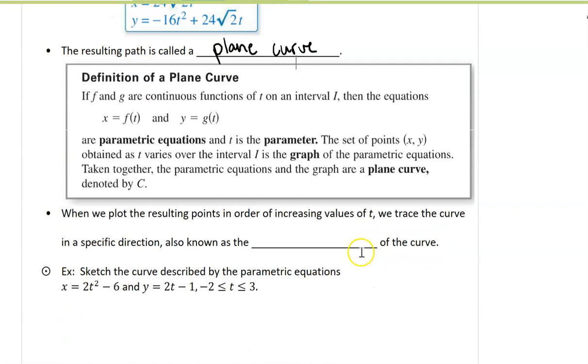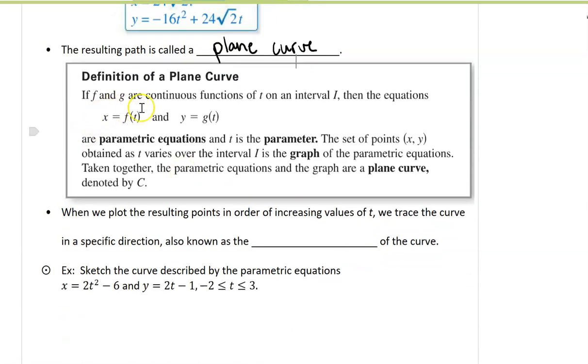So the definition of a plane curve says if f and g are continuous functions of t on an interval I, then the equations x equals f of t and y equals g of t are parametric equations, and t is the parameter. The set of points x, y obtained as t varies over the interval I is the graph of the parametric equations.